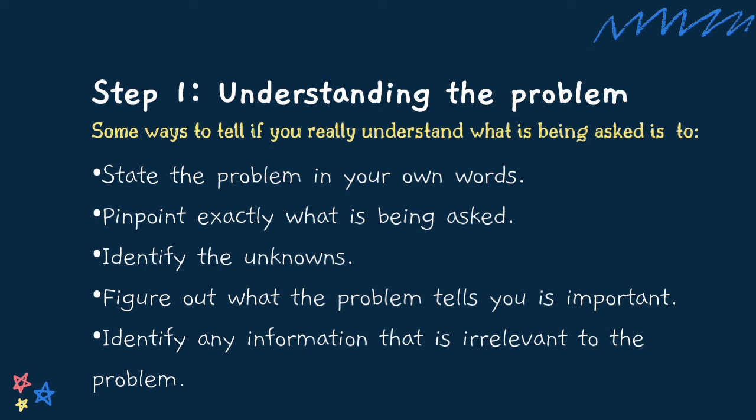In our example, we can understand the problem by realizing that we don't need the information about the gender of the guests or the color of the cupcakes. That is irrelevant. All we really need to know is how many cupcakes are left of the total that were made. So, we understand the problem.